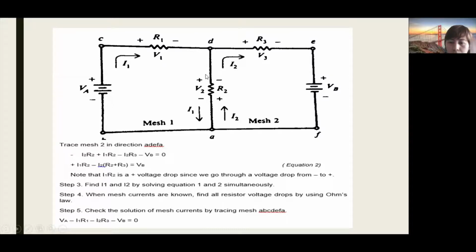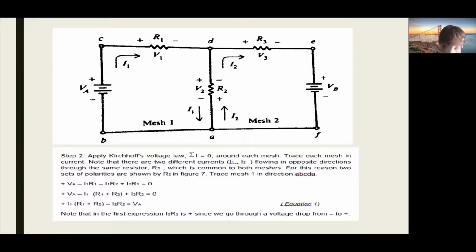So if you look at the first mesh, I2 and R2 is positive since we go through negative to positive.